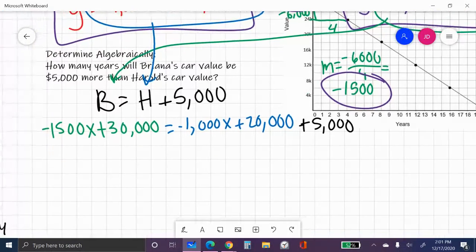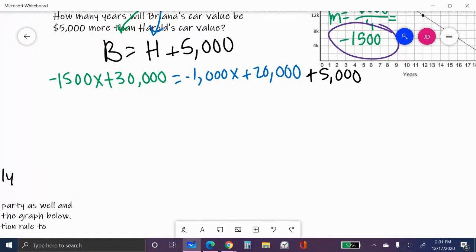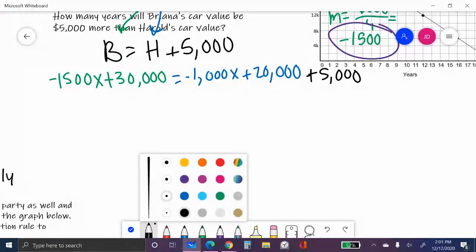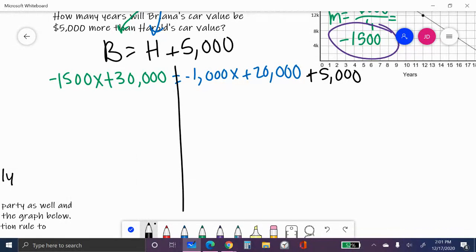All right, let's make more room for our equation here. Big numbers. Okay, simplify this. We have to add these two like terms together. 20,000 plus 5,000 is 25,000. Bring everything else down.